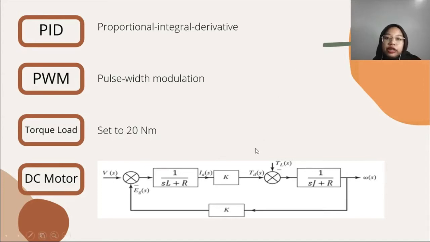The last one is the block diagram of the sensor. In this model, the sensor is to sense the current, position, speed, and rotation of the motor. That's all for me. Thank you.